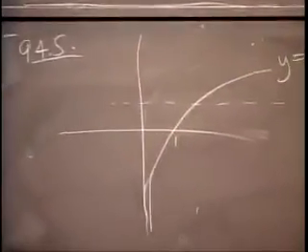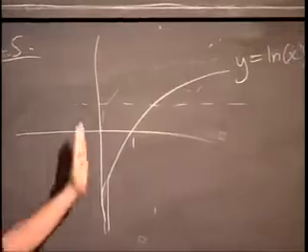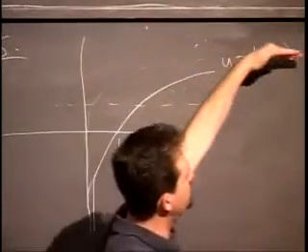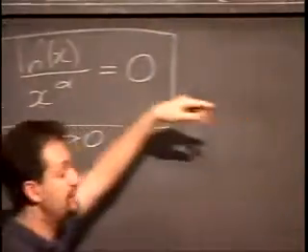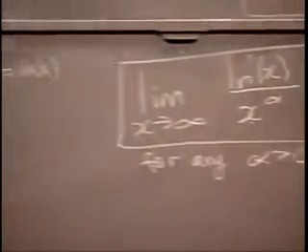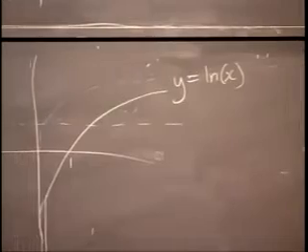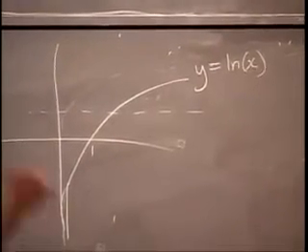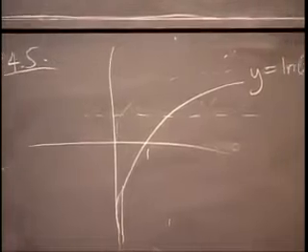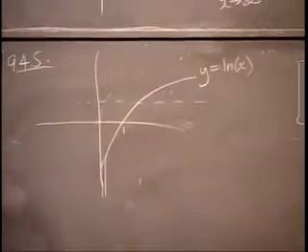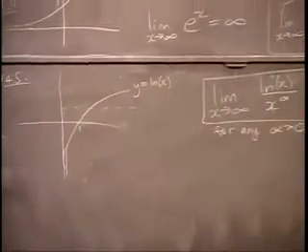But even if you took x to the 0.0001, which goes like this, takes forever to even get above the blackboard line, but it does. Well, log x is slower than that. It might pass it, but then it will be passed by that power x to the 0.0001, and it will be left for dust. Log x is very, very, very slow.